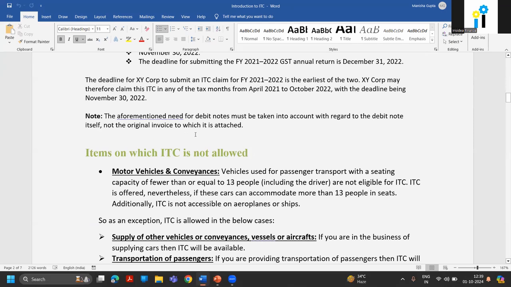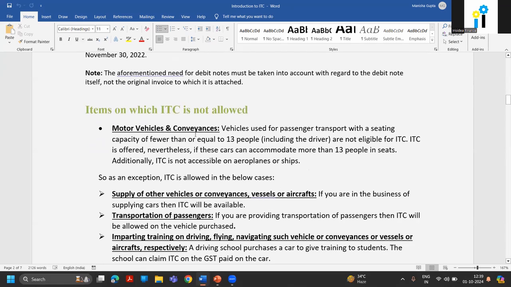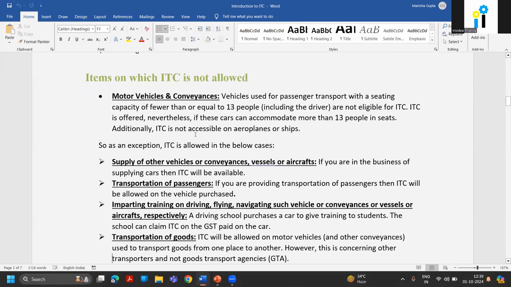Items on which ITC is not allowed: motor vehicles and conveyances. For those, ITC is not allowed. Which vehicles? Vehicles used for passenger transport with a seating capacity of fewer than 13 people, or 13 people or less, are not eligible for ITC.